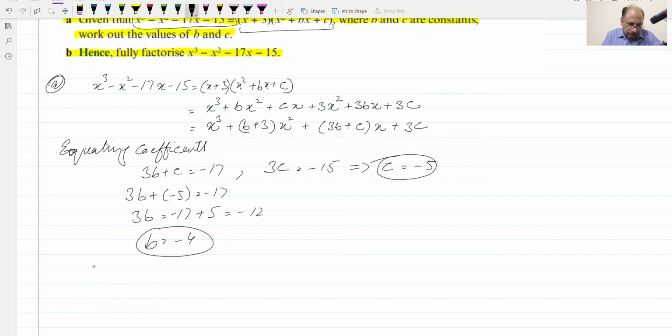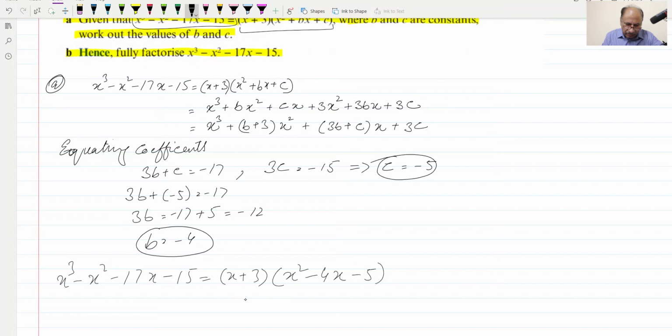This will be x cubed minus x squared minus 17x minus 15 equal to x plus 3 as it is, into x square as it is. We are replacing the b and c values in this one, so it will be x squared, and the b value is minus 4, so minus 4x, and the c value is minus 5, so minus 5.